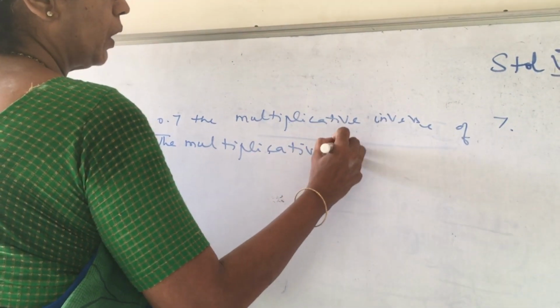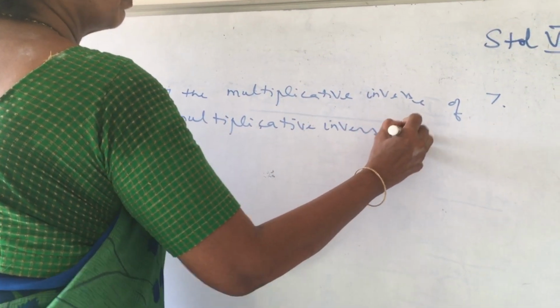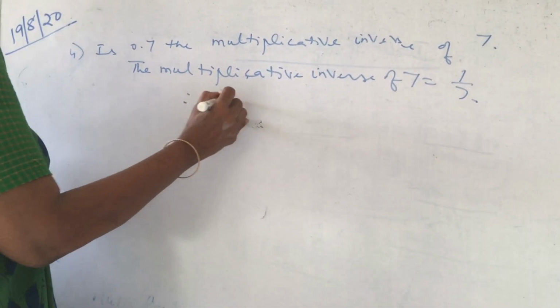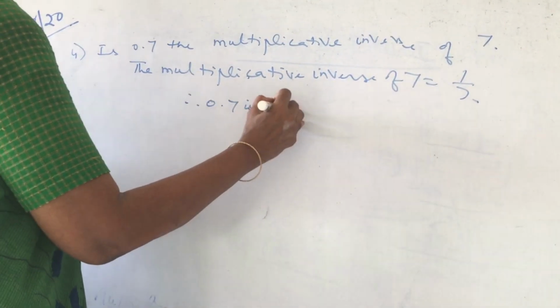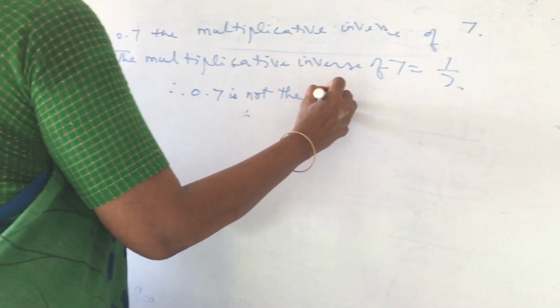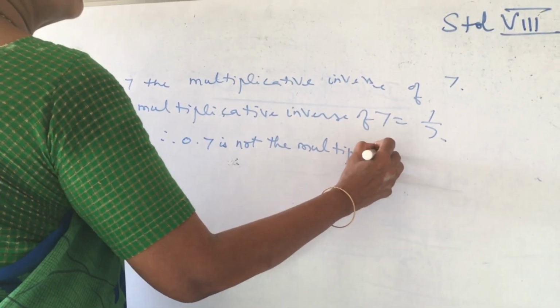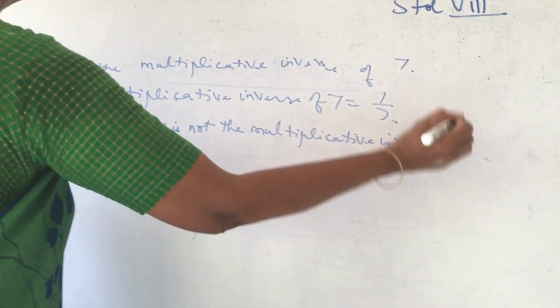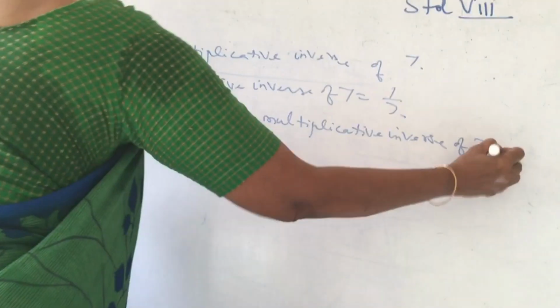The multiplicative inverse of 7 is 1 by 7. Therefore, 0.7 is not the multiplicative inverse of 7.